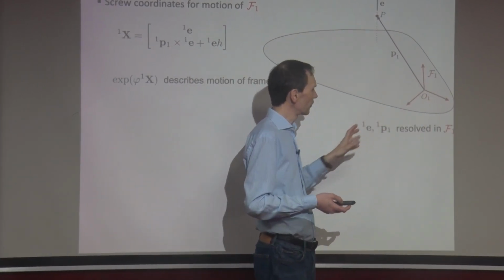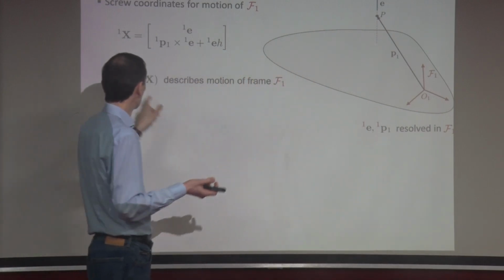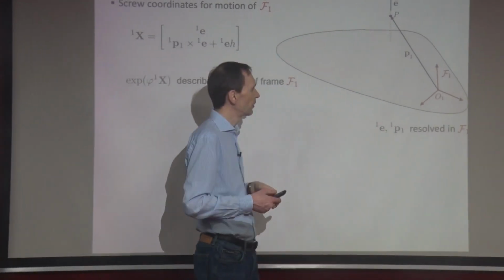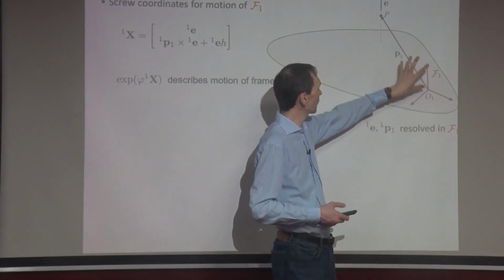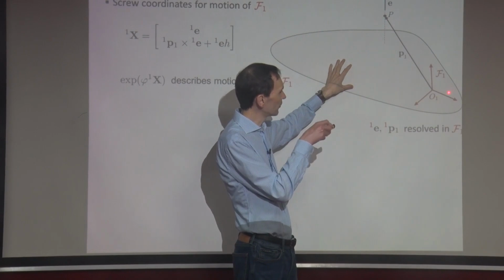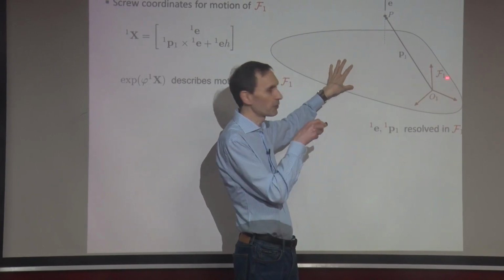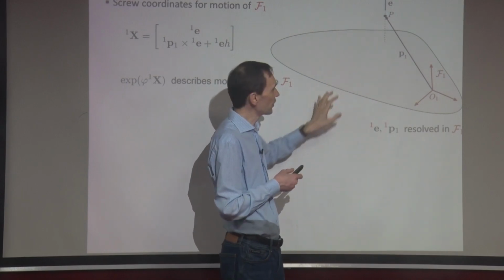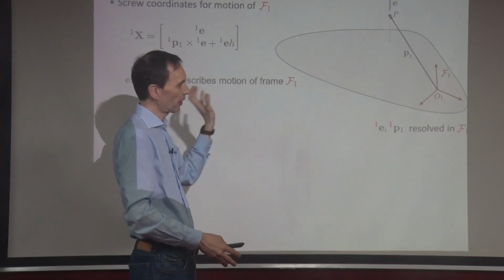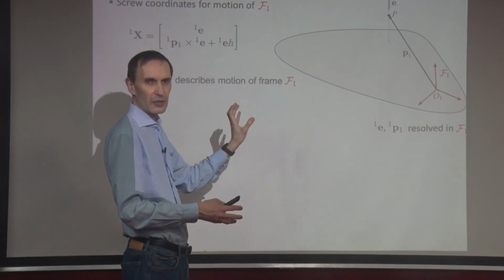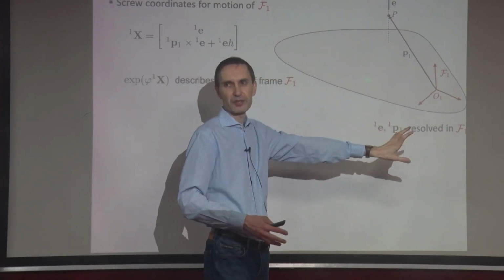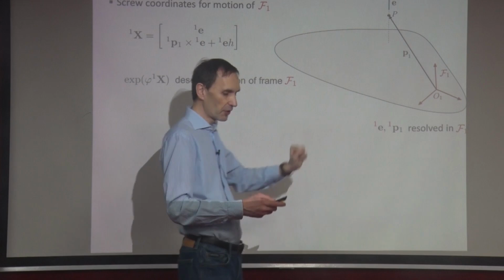And this X gives you the homogeneous matrix that describes the pose. Imagine this is now rotated, so it's somewhere here. And this H describes how you transform from the displaced one to the original one. So essentially, look at the frame, define screw coordinates, plug it into the exponential, and what you get out is the homogeneous matrix that transforms from the current back to the original. And that's the only thing you have to understand.